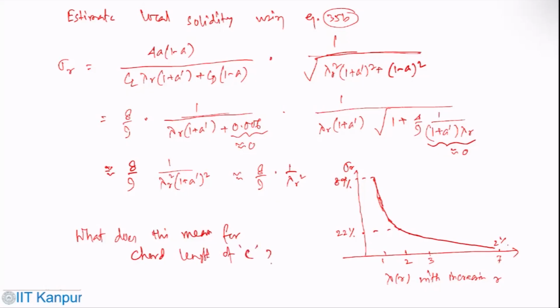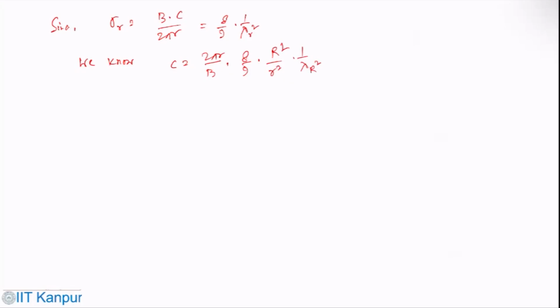What does it mean? So since sigma r equals B into C by 2 pi r, we have 8 by 9, 1 by lambda r square. Now we know C equals 2 pi r by B times 8 by 9 times 1 by lambda r square. Okay.